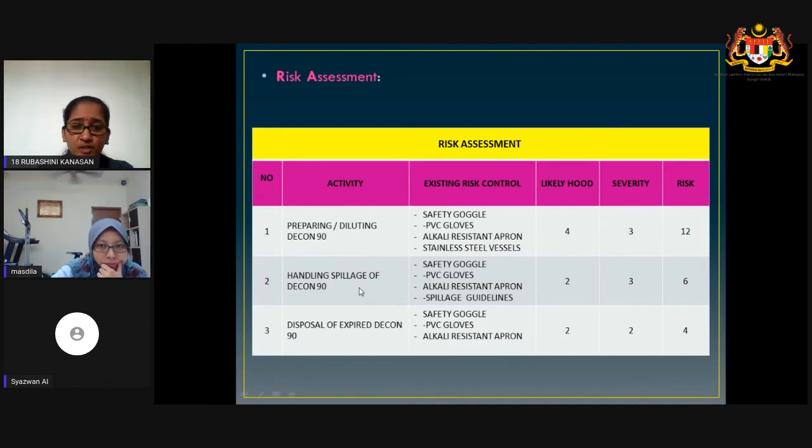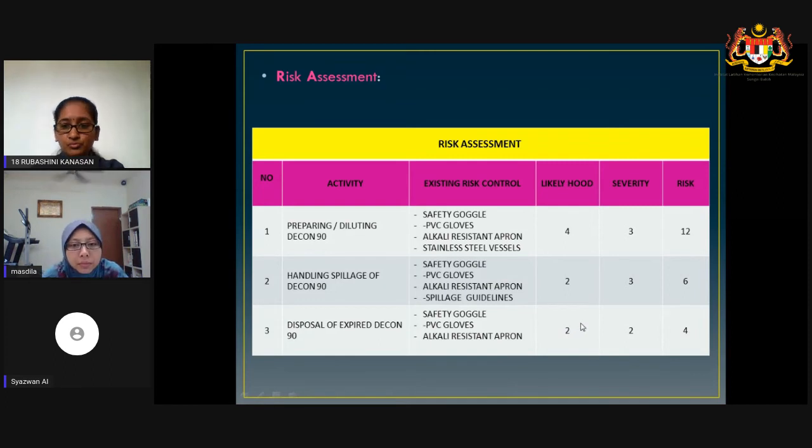Handling spillage of Decon 90, same, proper PPE, goggle, PVC glove, alkali resistant apron, and must follow the spillage guideline, how to handle the spillage. Likelihood I give 2, severity I give 3. Okay, disposal of expired Decon 90, PPE, safety goggle, PVC gloves, and alkali resistant apron. I give likelihood 2, severity 2. The risk is 4.